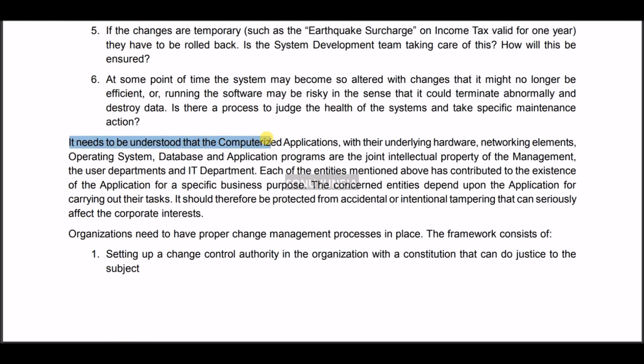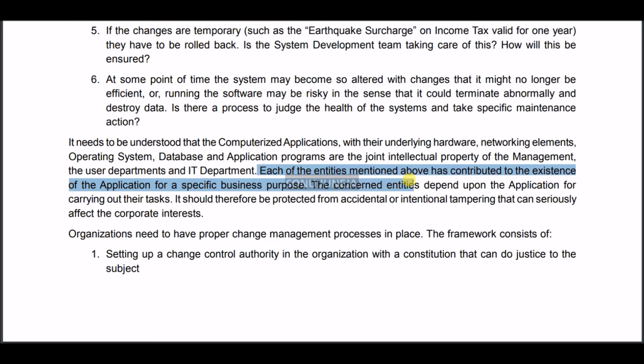Now, it needs to be understood that the computer application, with its underlying hardware, network elements, operating system, database, and the application programs, are joint intellectual property of the management, the user departments, and the IT department. Each of these entities mentioned above contributed to the existence of the application for a specific business purpose.